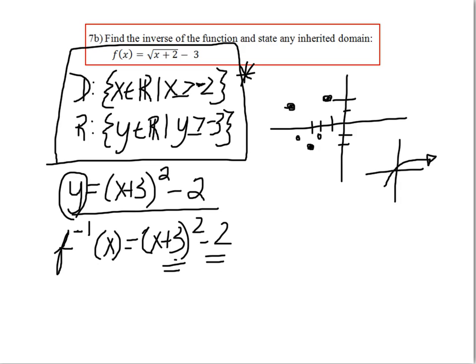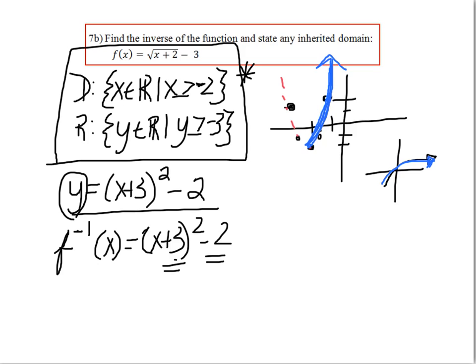The problem is if I drew this right side, and I'm going to draw this in dash marks, and if I had this side in blue, the question is, if this was my original function, which points would match up with this graph? And the answer is that it would actually only match up with this side of the graph. And so to keep it as an inverse function, I can actually only graph this side of the quadratic.